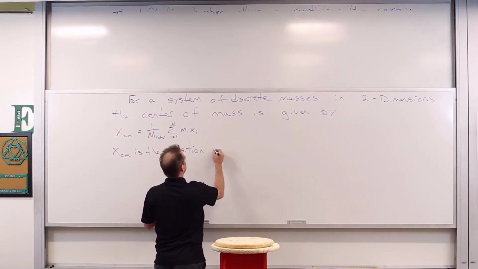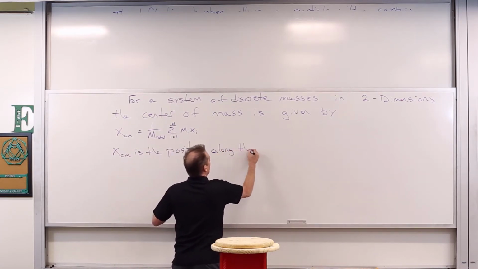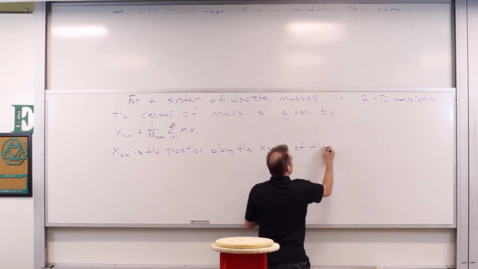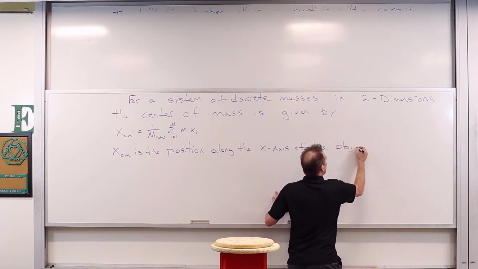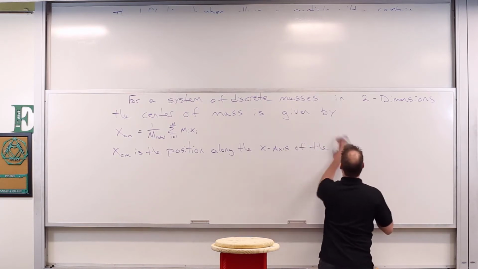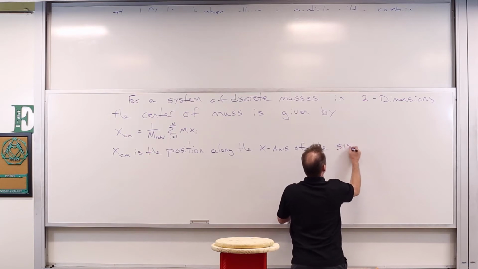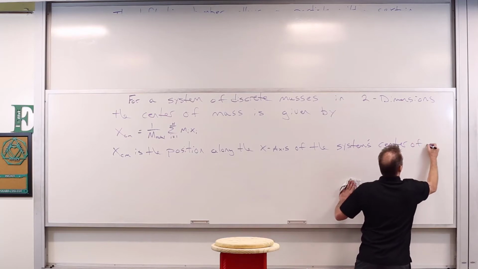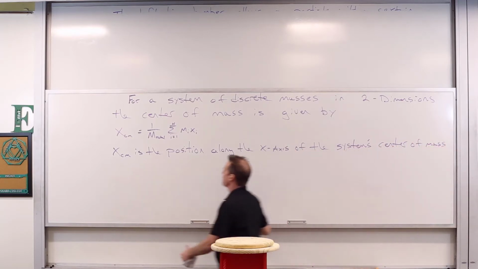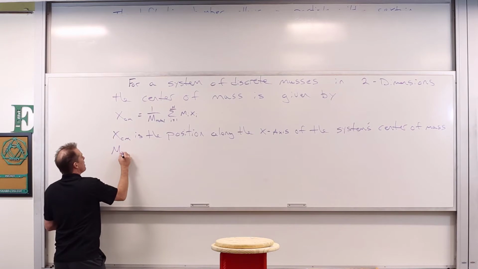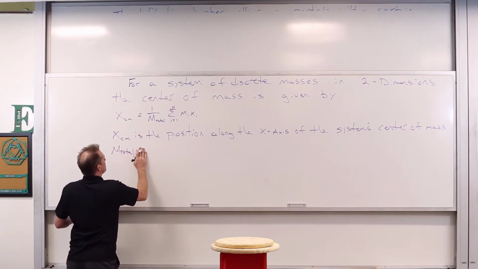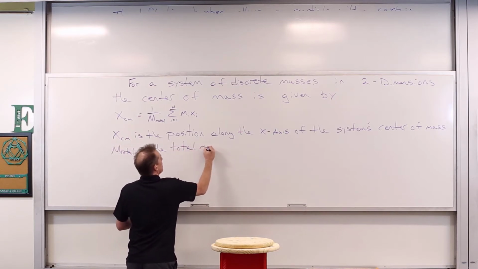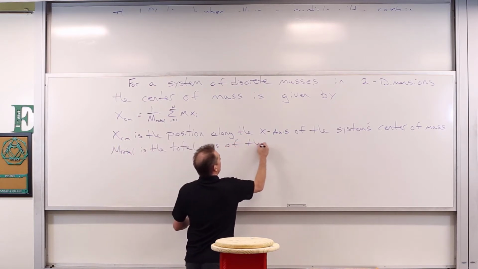Here x_cm is the position along the x-axis of the system, I don't want to say object necessarily, but system, and m total is the total mass of the system.